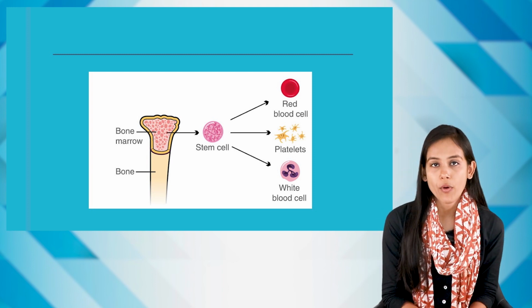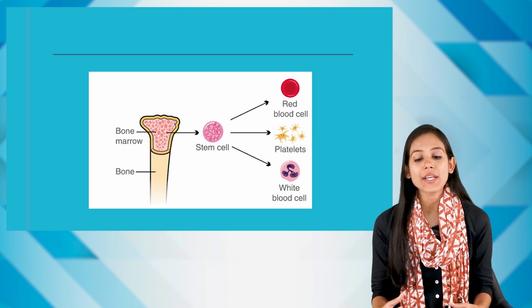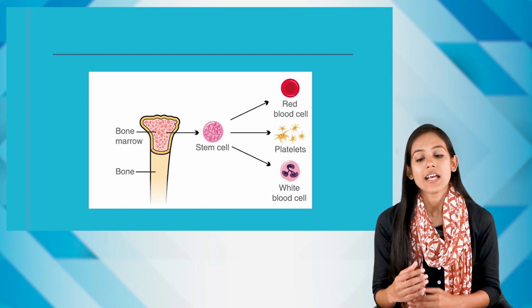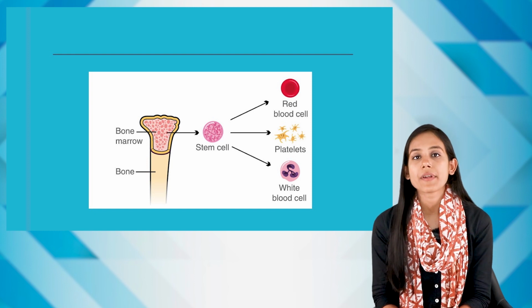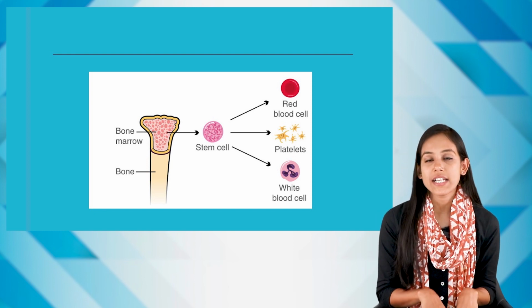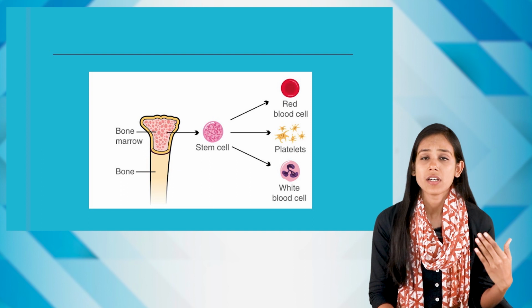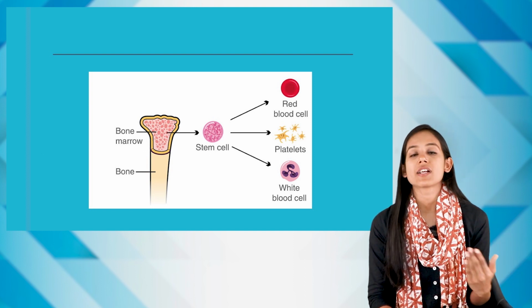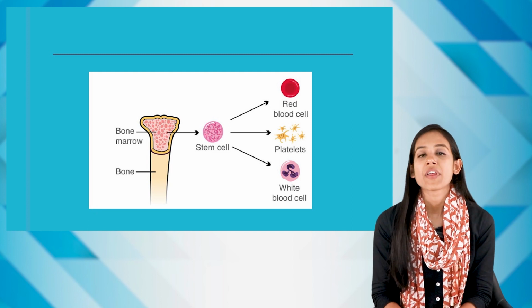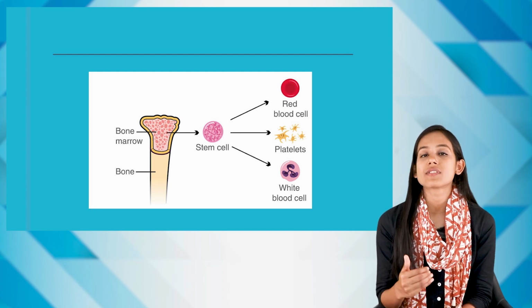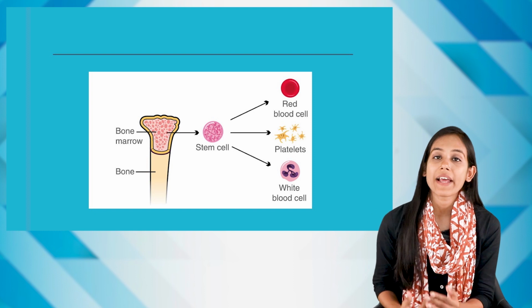Now in leukemia, what happens? In leukemia, any of these cells start to multiply really rapidly. Any of these three cells, that is, might be the red blood cells or the white blood cells or perhaps the platelets, would start to multiply rapidly.